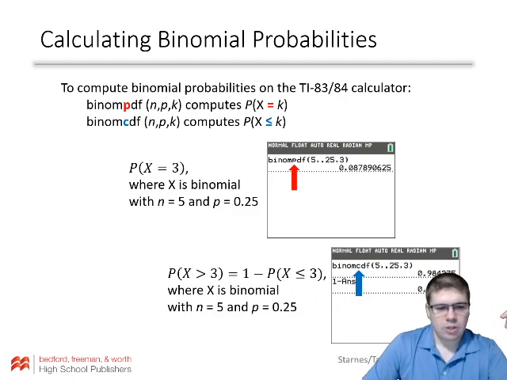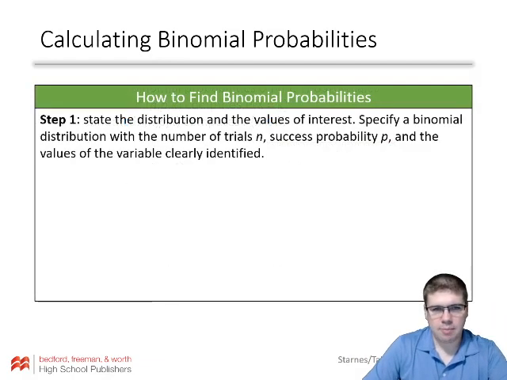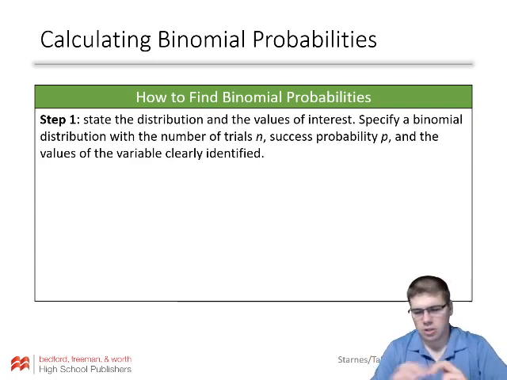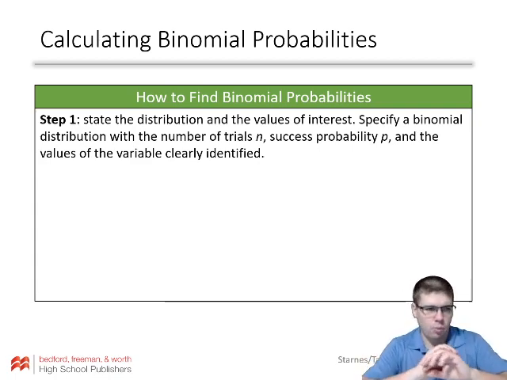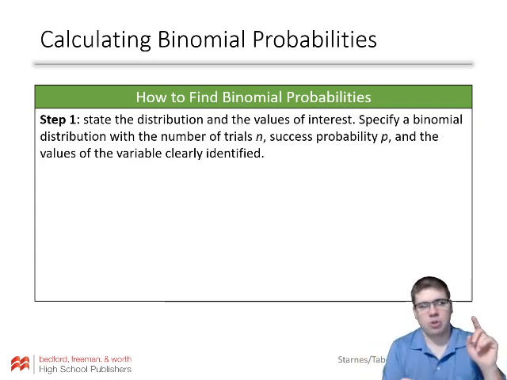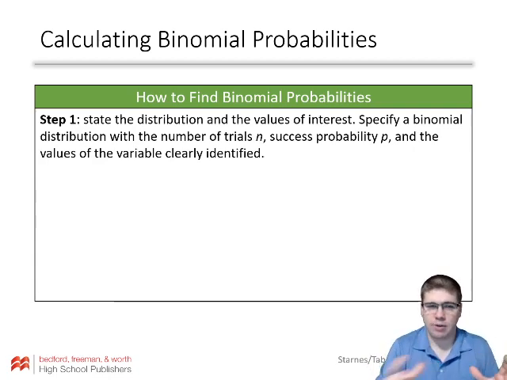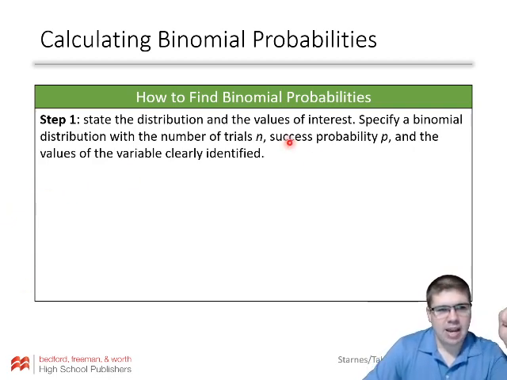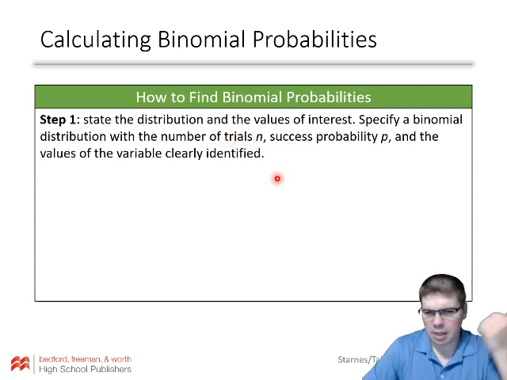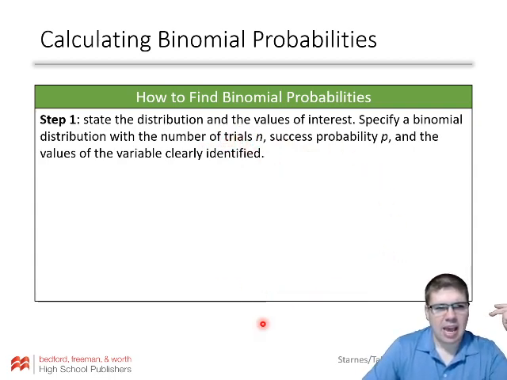Not equal to. So to sum this up, what you want to do for a binomial distribution, if you're going to find a binomial probability, is state the distribution and the values of interest. If you're showing work, you need to state that you're dealing with a binomial distribution, what you're interested in, maybe define a random variable, and then define the number of trials and the probability of success, making sure those values are clearly identified.